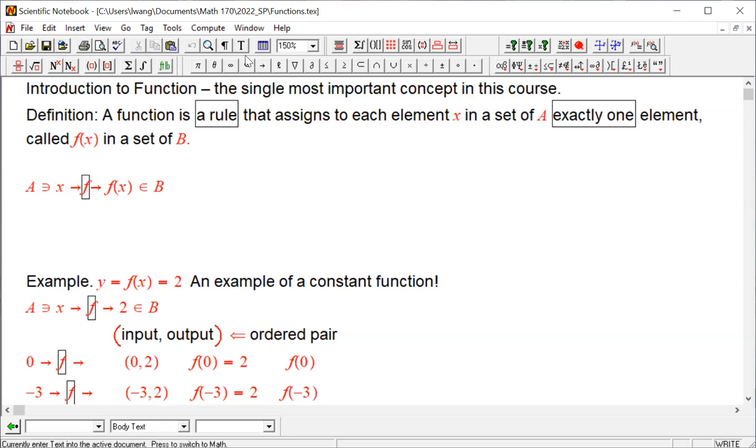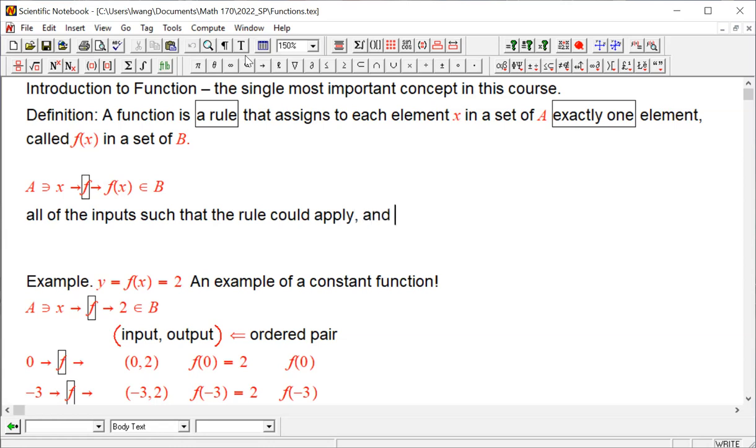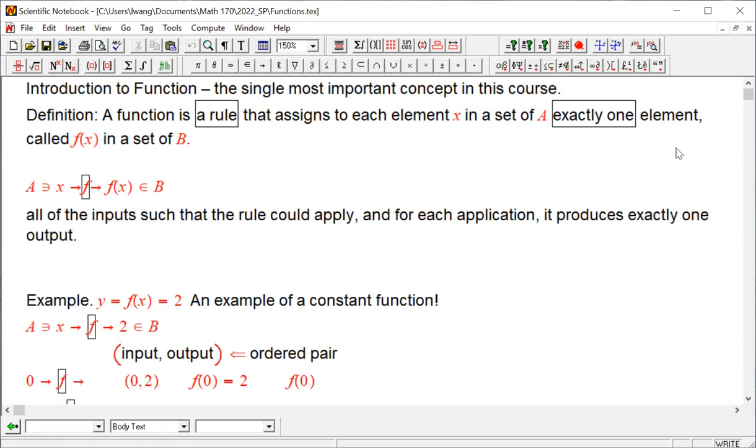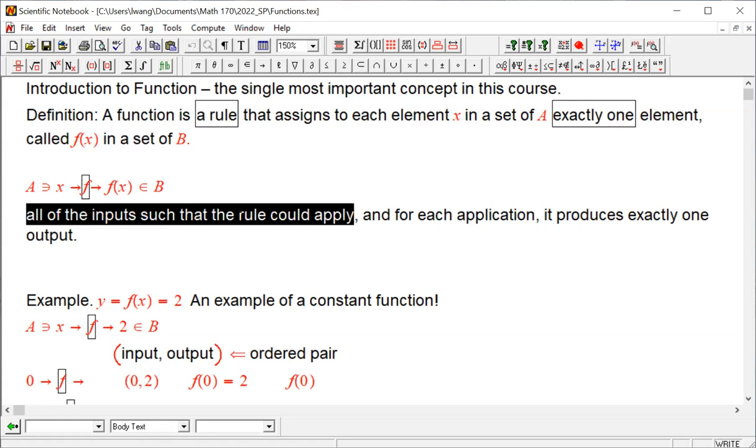So we will be interested in all of the inputs such that the rule could apply, and for each application, it produces exactly one output.